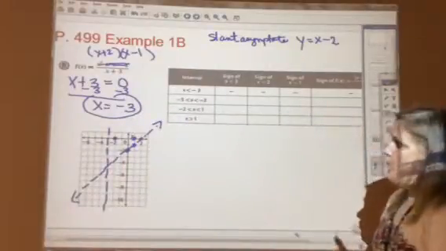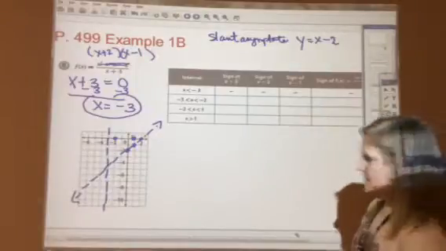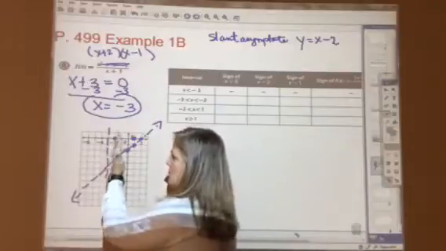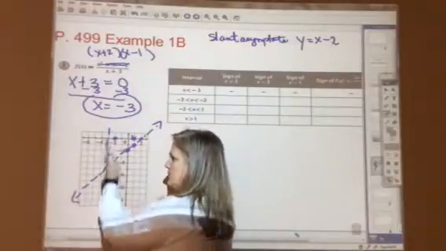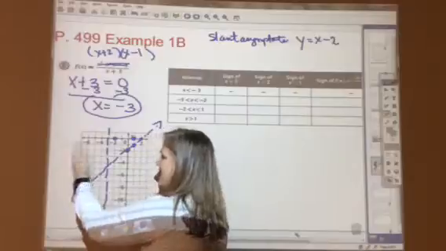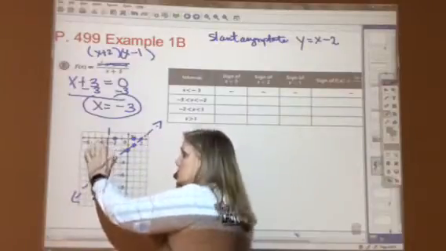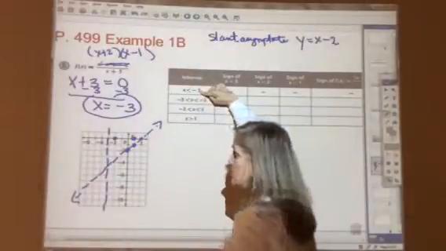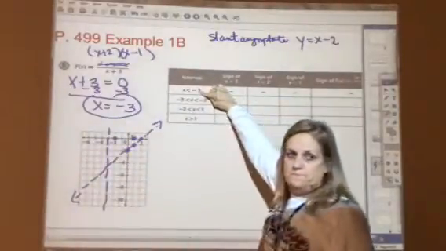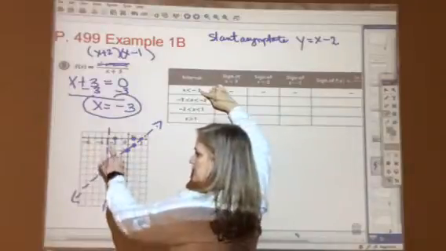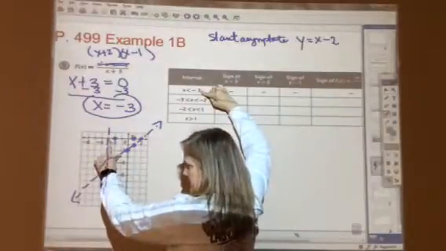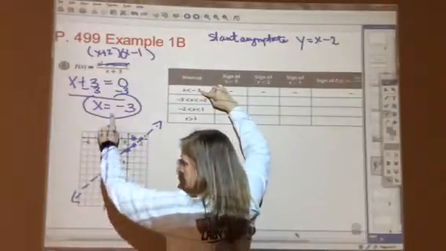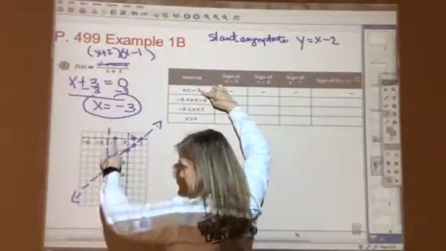I need to know what my graph does at all these different intervals. I need to know where my graph is going to be on this side of my vertical asymptote, less than -3. Where am I going to draw my graph? I also need to know from -3 to -2, is it up here or is it down here?